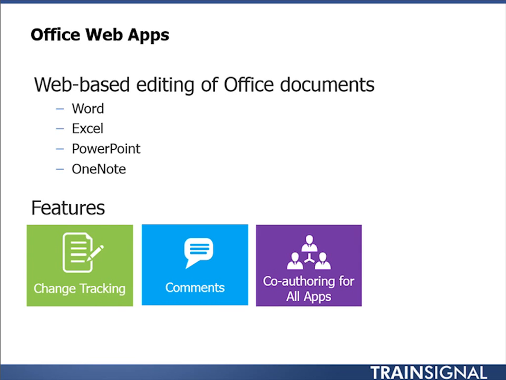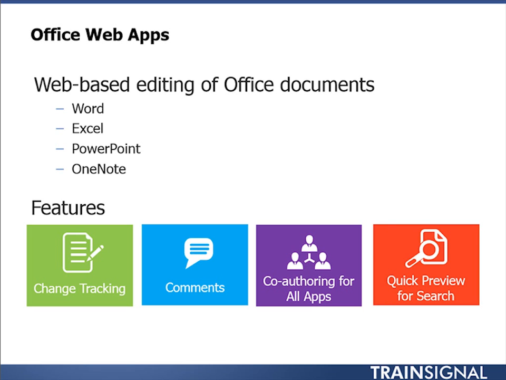We now also have the ability to co-author for all applications. In the past, this was limited to just a couple of Office products. Now we can do co-authoring with all four of the supported Office products: Word, Excel, PowerPoint, and OneNote. Which means that I can have two users editing the same spreadsheet or the same PowerPoint document at the same time.